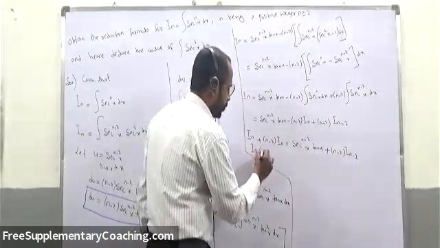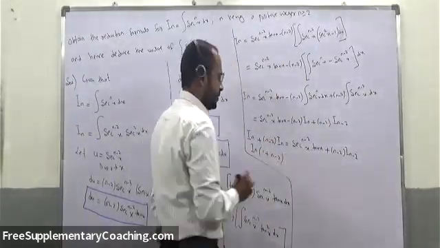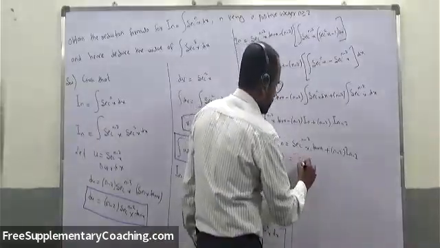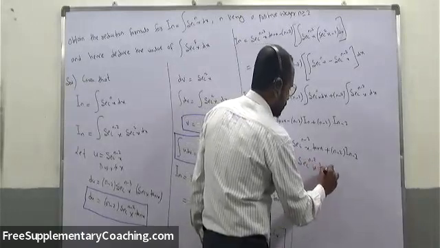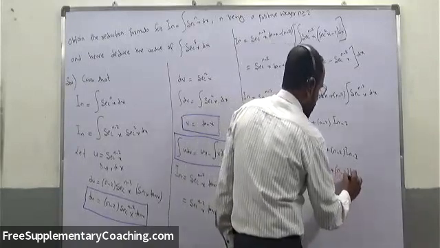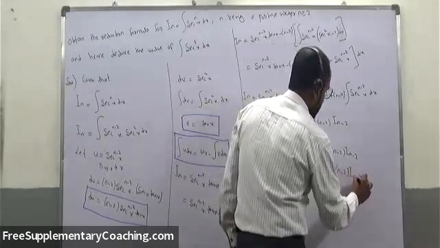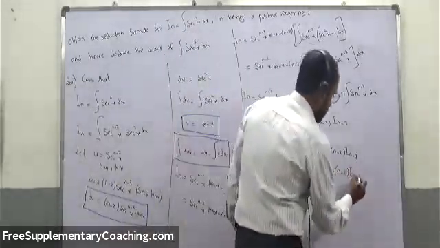I_n, if I take common, 1 plus n minus 2 is left here, and this term is as it is, secant power n minus 2 x into tan x plus n minus 2 into I_n minus 2. Okay, all the terms are as it is.